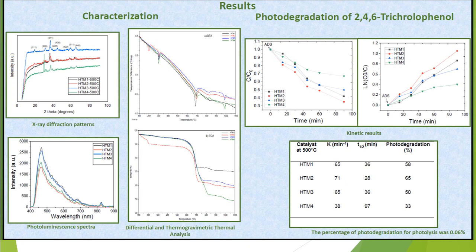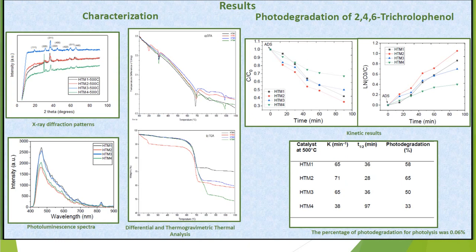This figure shows the graph of the relative degradation rate of 80 ppm of 2,4,6-trichlorophenol with the different catalysts. It can be seen that photocatalysis shows a good degradation of 2,4,6-trichlorophenol at 90 minutes, reaching 85% for HTM2, 58% for HTM1, 50% for HTM3, and 33% for HTM4.